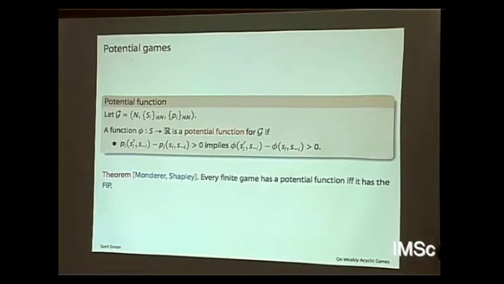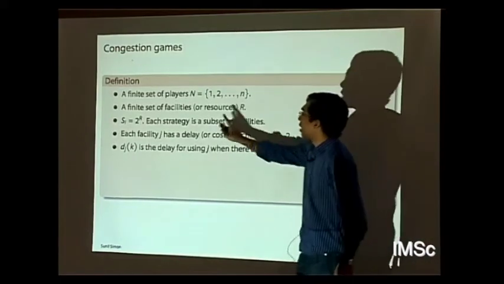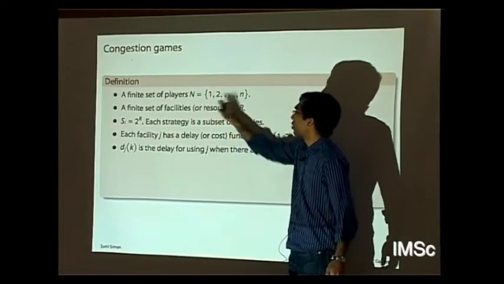Okay. So then the second question: are there natural classes of games which have this finite improvement property? This is a very abstract class of games, which is very useful because it can be applied in various settings, and these are called congestion games. Okay. So what is a congestion game? Well, again, you have a finite set of players 1 to n.